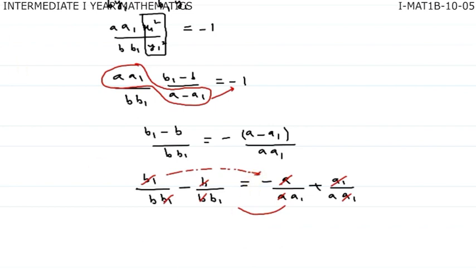Final answer will be 1 by a1 minus 1 by b1 is equal to 1 by a minus 1 by b. So this is the final answer.